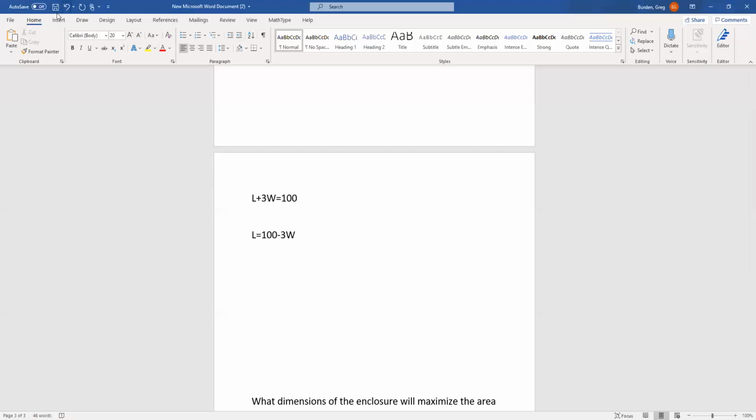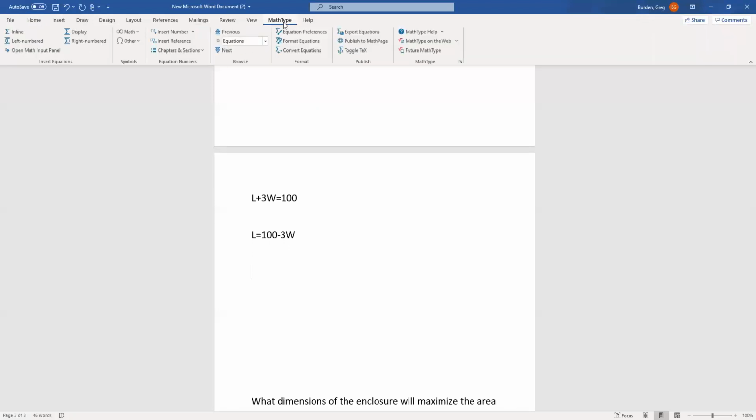I'll go ahead and open up MathType and use that to do some of the work here. That's going to be in a different window, so you won't actually see it while I'm typing, but it gives a nicer end result. Okay, so I'm going to start with area is equal to length times width.